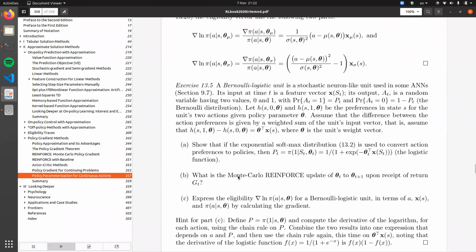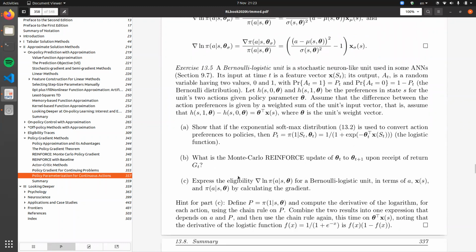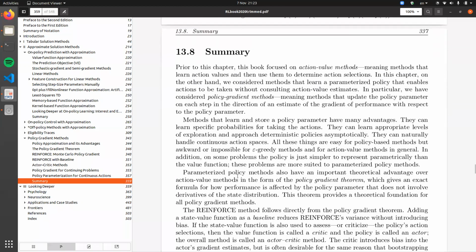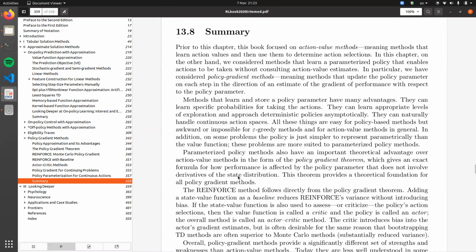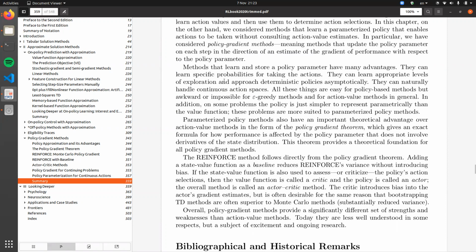All right, so that concludes the chapter. As a summary, the authors mention that methods that learn and store a policy parameter have many advantages. They can learn specific probabilities for taking actions rather than just preferences over actions as we had with action value functions.